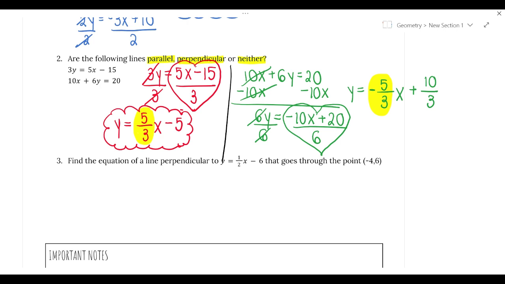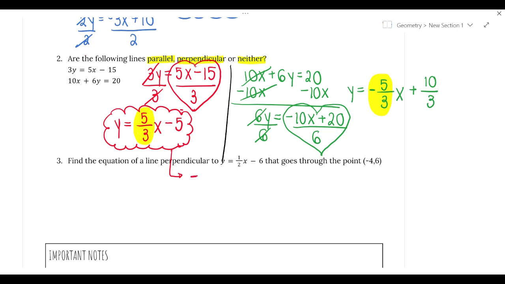Are they opposite reciprocal slopes? Well, let's try to recall what opposite reciprocal slopes mean. In order to find something that is opposite reciprocal slopes, you would actually need the opposite sign.